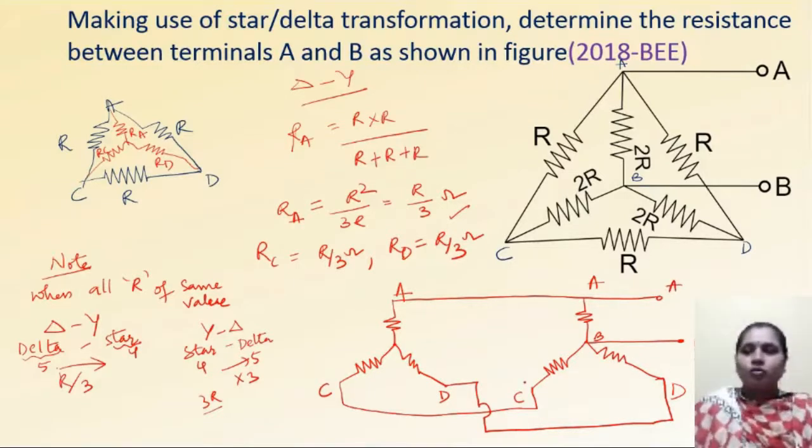So how can you look at this? This is 2R, 2R, 2R, R by 3, R by 3 and R by 3. If you see here, this R by 3 is in series with 2R. Again this R by 3 is in series with 2R, right? That combination is in parallel. So I am going to draw this circuit in the next slide again like this.